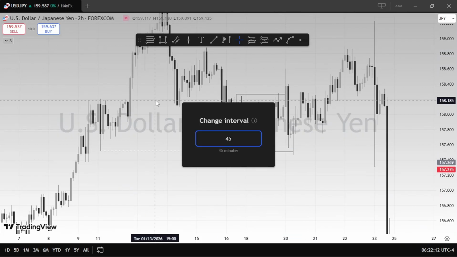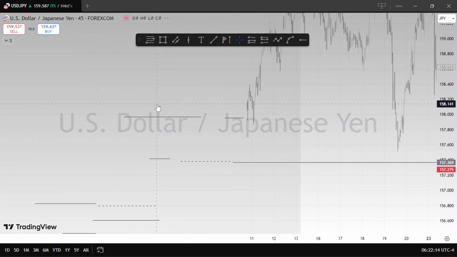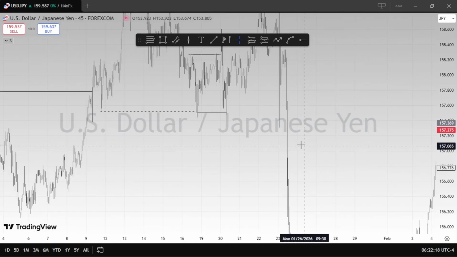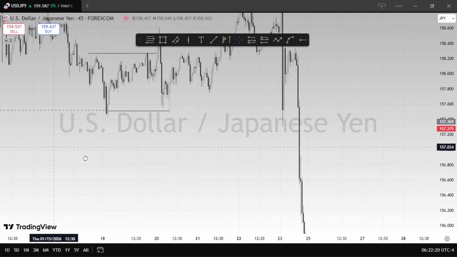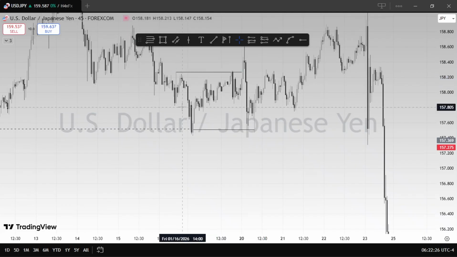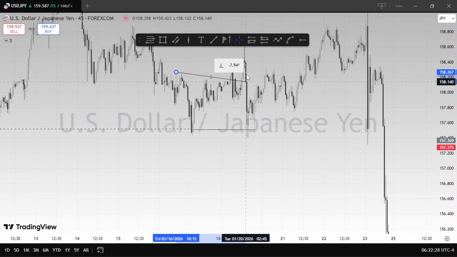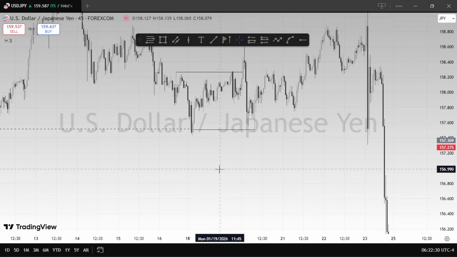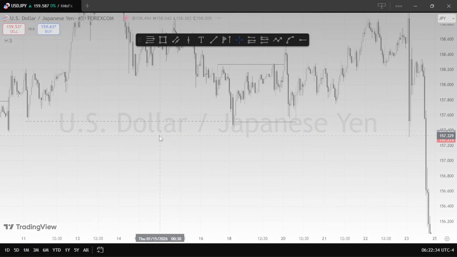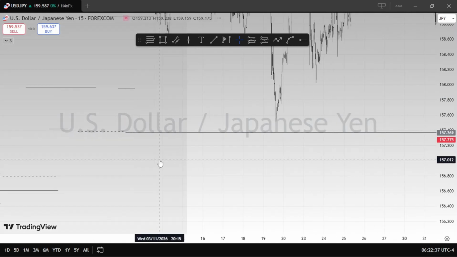So let me go to the 5 minutes now to really explain my entry. Once price changes character on the lower time frame, I think on the 15 minutes, that's where I took this entry from.